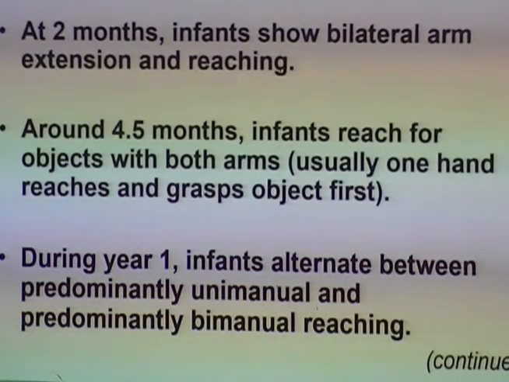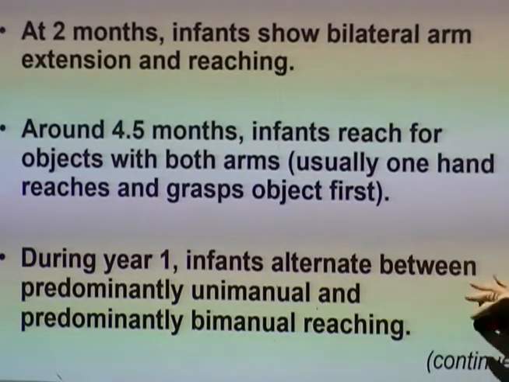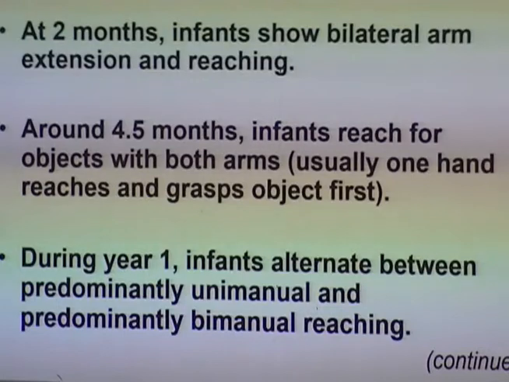And then during year one, infants get pretty good at alternating, and they'll have periods of time where the brain will experiment with just reaching with one hand, or it'll go back, possibly because the arms grew a little bit. It goes back to two hands, and then it'll try one hand again.